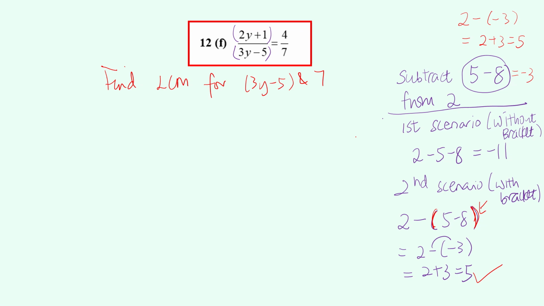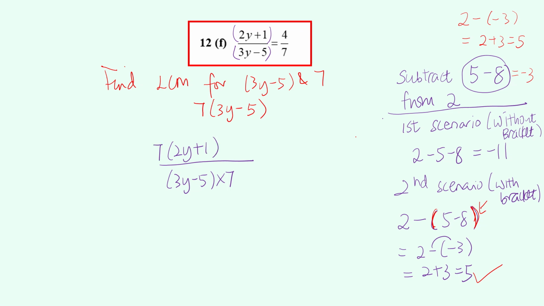It's just 7 times 3y minus 5. Just like, for example, what is the lowest common multiple for 2 and 3? 6. How do you get 6? 2 times 3. So it's the same logic. So we're going to take this times 7.